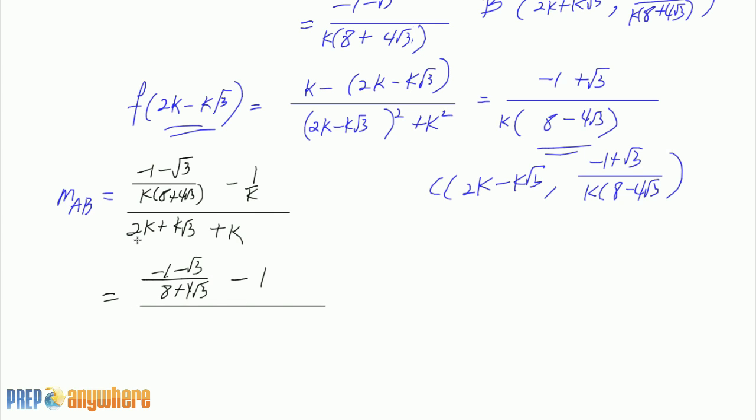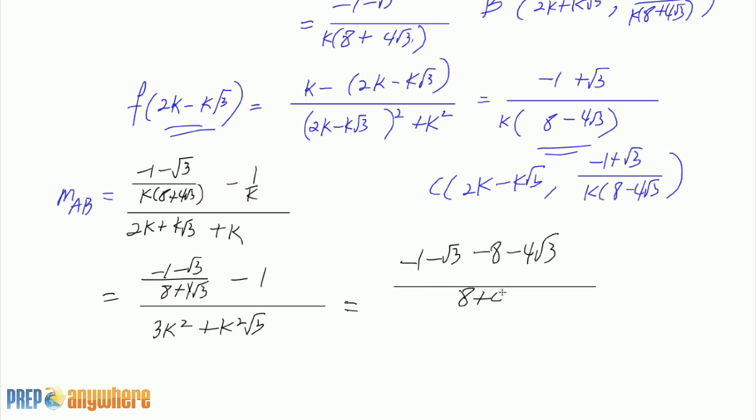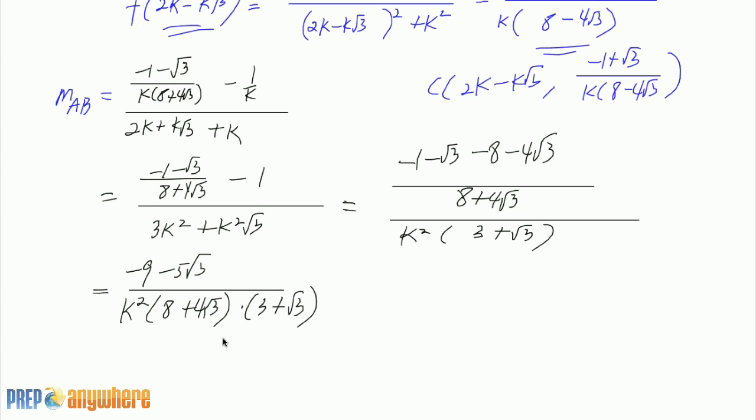And the bottom, this is 3k, so we get 3k squared plus k squared root 3. Okay, so this is what I get in the numerator if I add these two numbers on the top. Factor out the k squared and you get 3 plus root 3. Okay, so there we have a version of it.